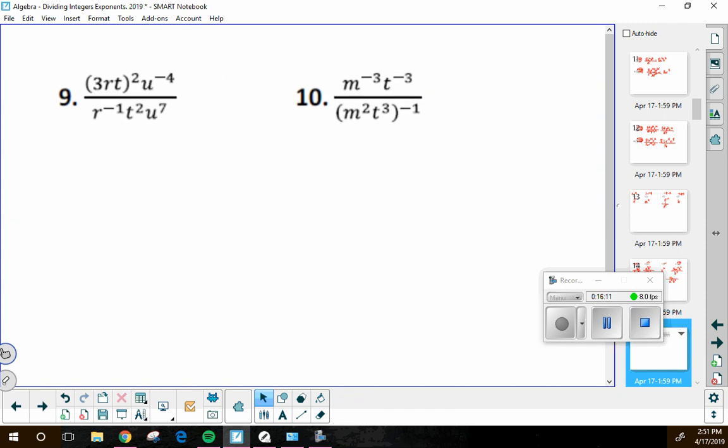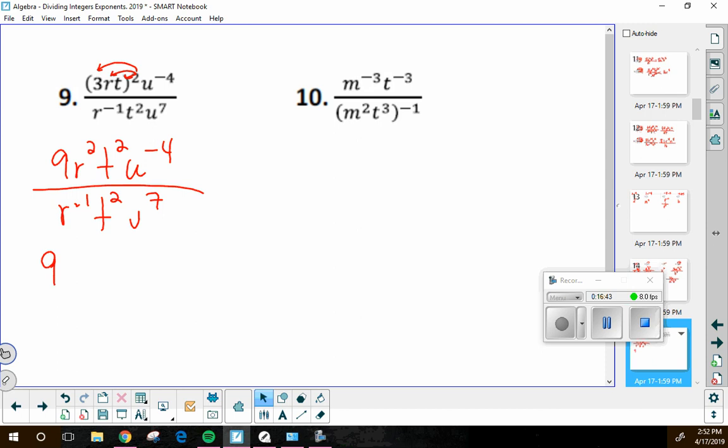All I'm going to do first is distribute powers in a power. So I'm just going to go ahead and do this right here, and I'm not even going to try to do anything else. So that's just going to be 3 squared. What's 3 squared? 9. R what? Squared. T squared. U to the, I'm not going to worry about moving things. I don't want to do too many steps, and I know I've got other stuff at the bottom that I can work with. Okay. The 9 I know is going to stay up there. 2 minus negative 1 for the R. What is that? 3.